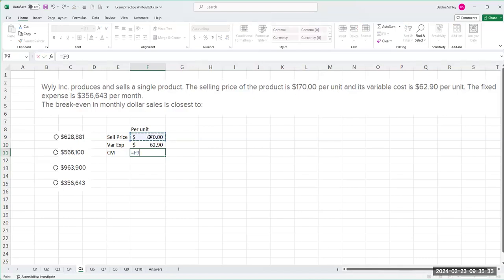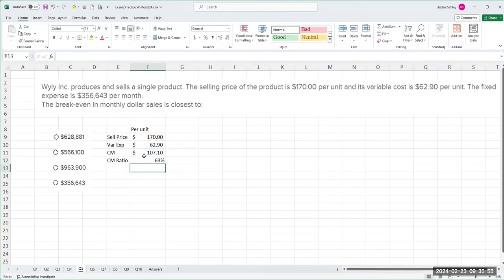Okay, so I can figure out my contribution margin with that information, right? I can take my sales price minus my variable expenses equals my contribution margin per unit. Now to get my contribution margin ratio, I take my contribution margin, the part, divided by the whole, or divided by sales, and that gives me my ratio.